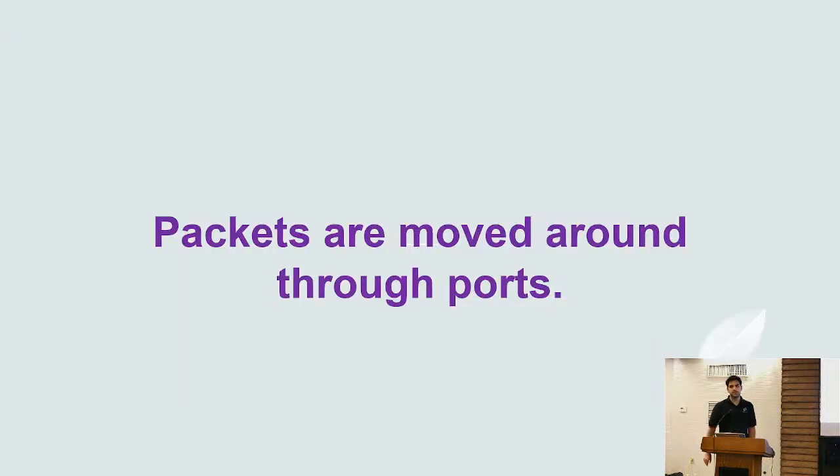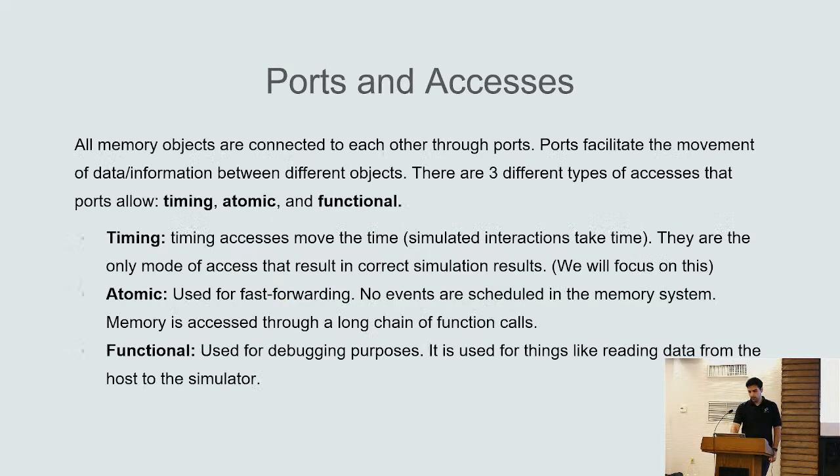OK, so you saw that a packet is moving throughout the system, and the things that are facilitating this are called ports. You've been hearing this name port throughout these days, and this is the first time that we actually tell you what they are. So basically, all the memory objects in gem5 are connected to each other through ports. So ports are of two types, request and response.